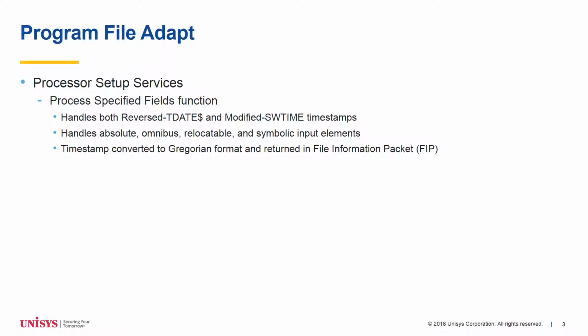When the processor setup services are called with function set to process specified fields, field usage set to input, and field type set to absolute element, omnibus element, relocatable element, or symbolic element, the program file element date and time in reversed T-date dollar or modified SW time format is converted to SLIB Gregorian format date and time and stored in the file information packet.